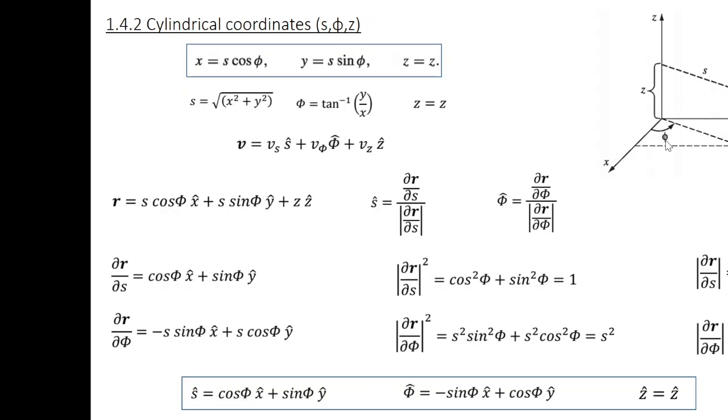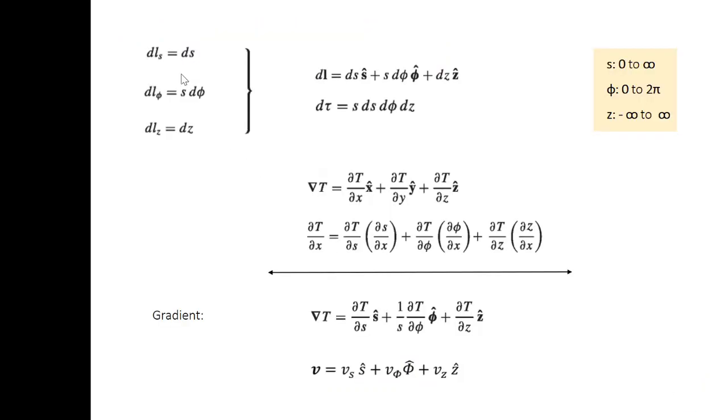This is the direction of phi, and this vector is nothing but your s vector, and the displacement in the direction of phi is nothing but this arc, which can be written as the radius vector s multiplied by the small displacement along the phi direction d phi. So this is s d phi. And the displacement along the direction of z is dz.